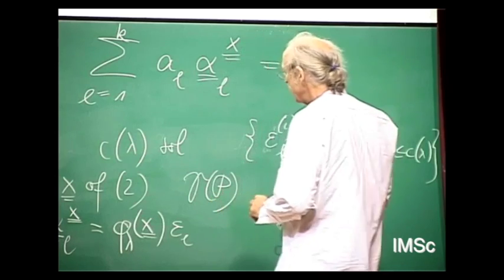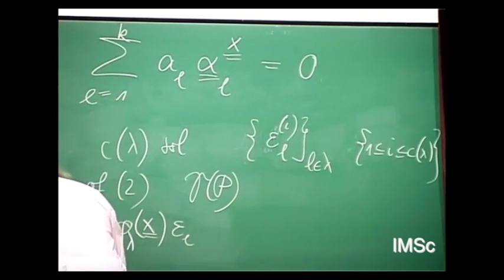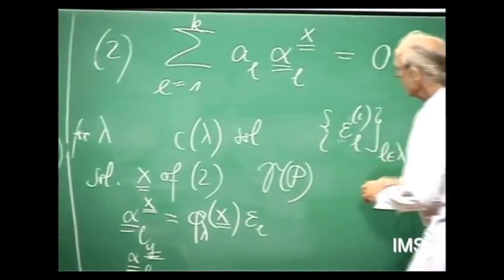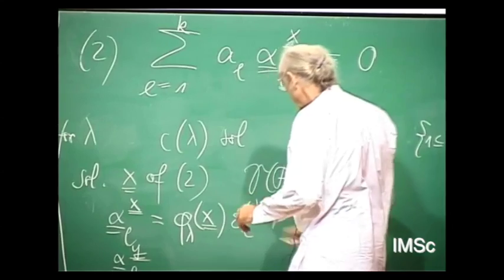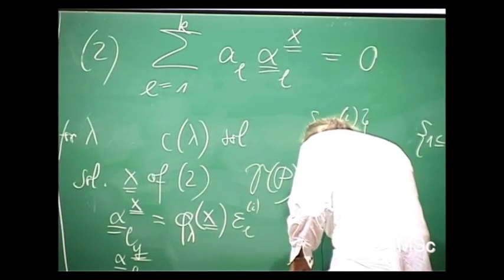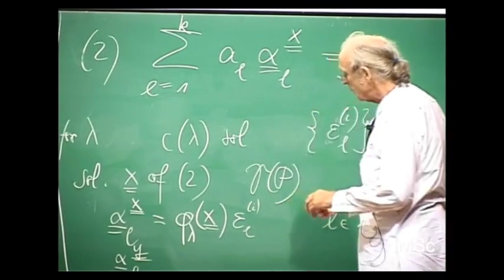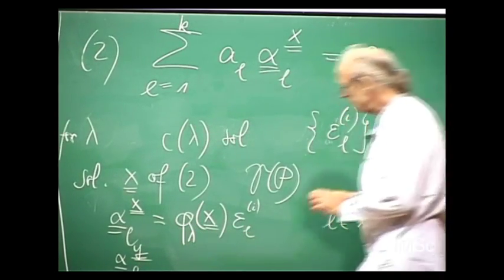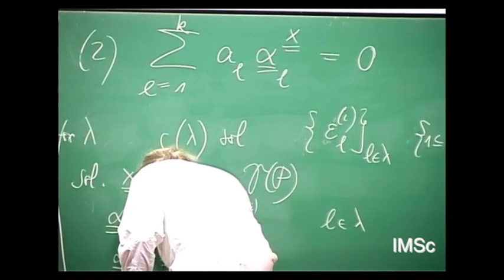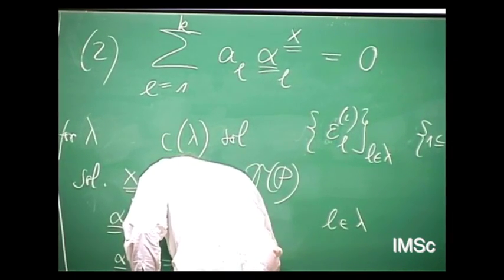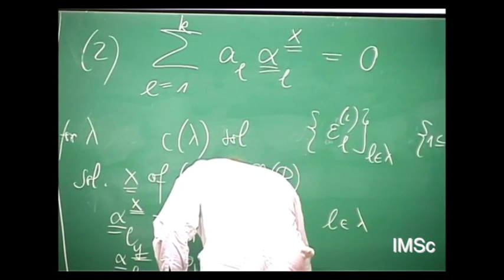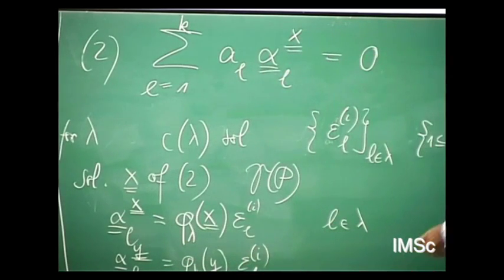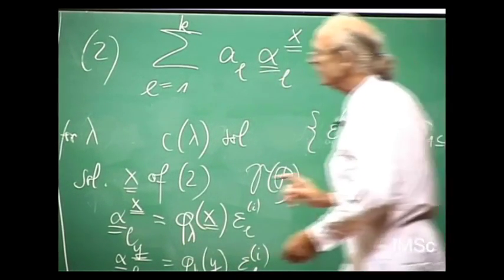Let's see what happens if I have an element y that corresponds, okay, here I should have written I, and that holds true for L in lambda. So if y leads to the same solution, I will get here a factor phi lambda of y, and otherwise the same epsilon L super I. Okay, we are not yet done.